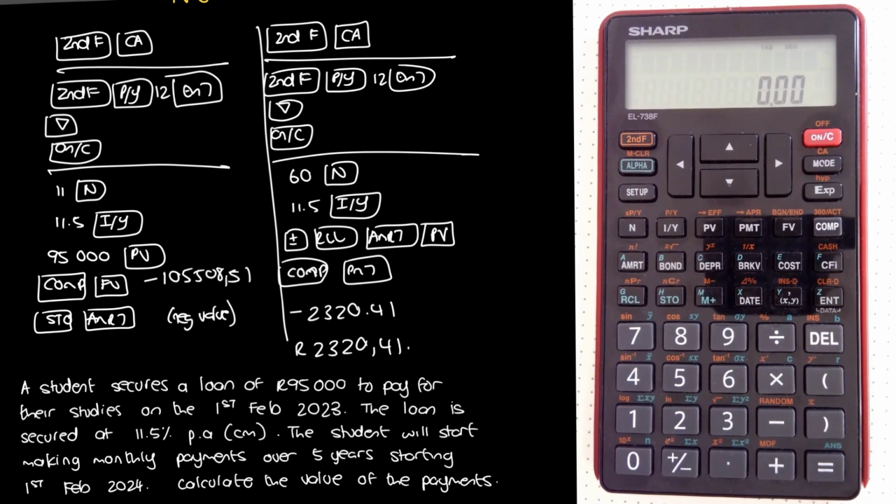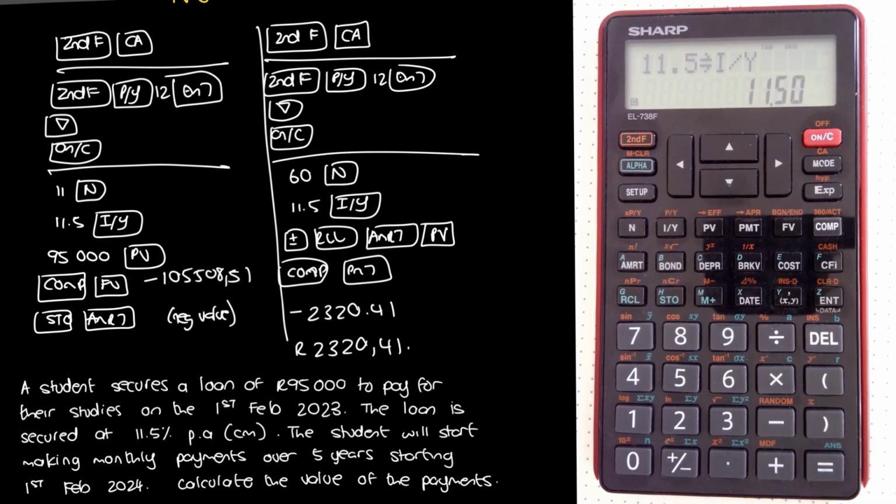So our information for part two is we have an interest of 11.5% still. Our present value for part two is our future value from part one. And it is a loan, so it's money that we technically still have.